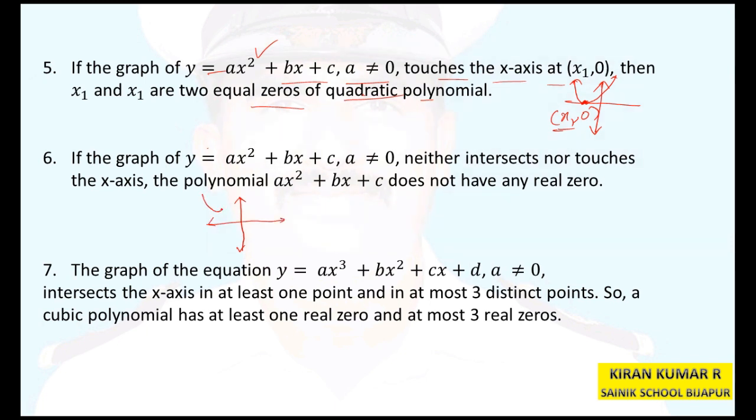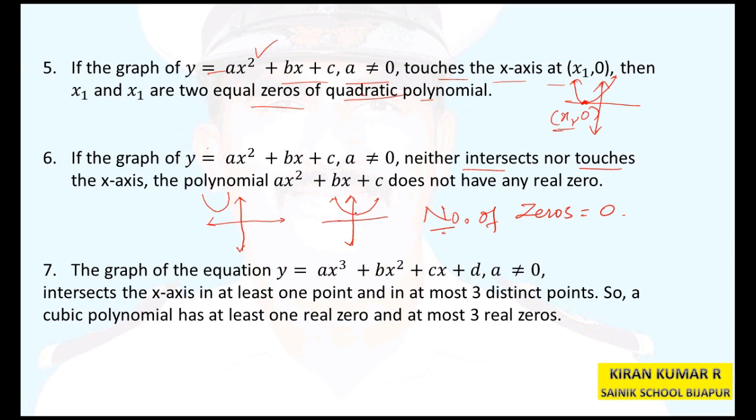If the graph is something like this, or something like this, wherein it doesn't touch or intersect the x-axis, the number of zeros is 0.